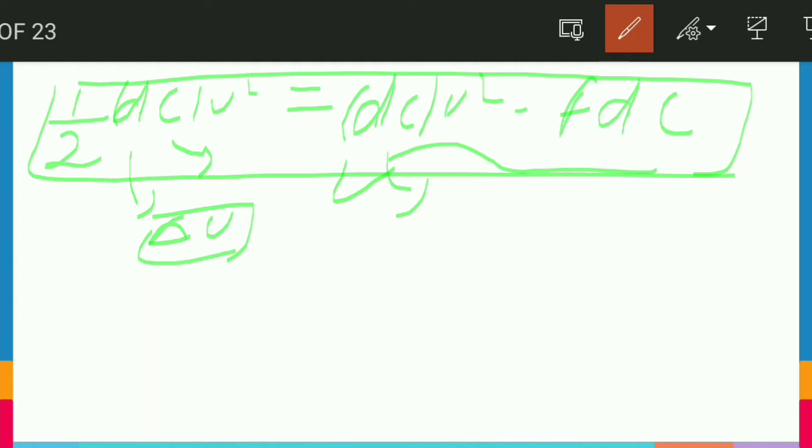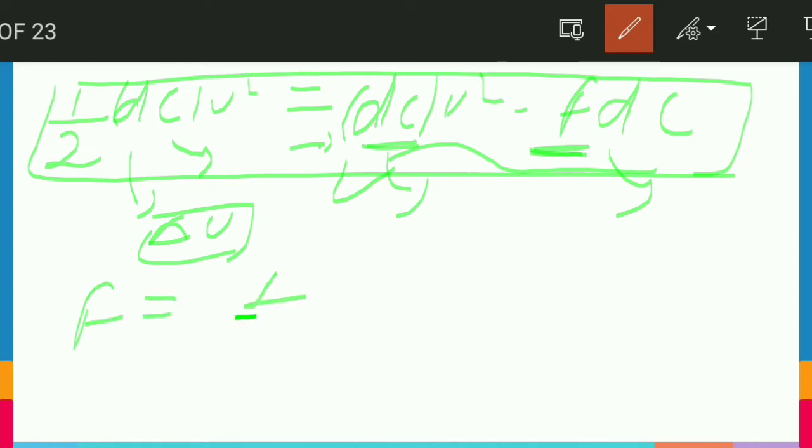Because we know when charge is passed through a battery, work done will be qV, and q equals CV, so it equals dC V square, where dC is the increase in capacitance. And this is the external work done which we have applied by our force F. So friends, from here we will get our F. How much will it be?